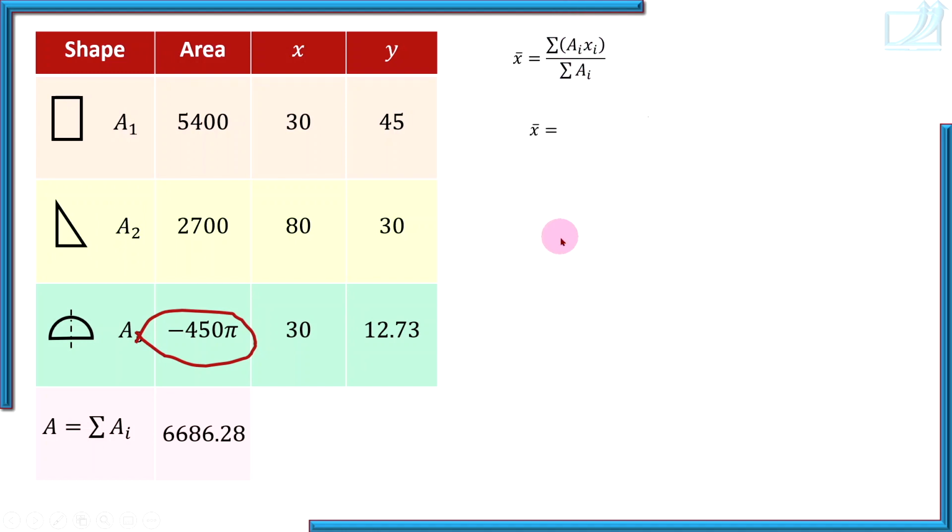X bar is equal to, let's write numerator first, A1 into x1, 5400 into 30, plus A2 into x2, 2700 into 80, plus, but third area is negative, so minus 450 pi into 30, A3 into x3, and denominator total area, that is what we have already found out, 6686.28, and this is how you have found out x bar.